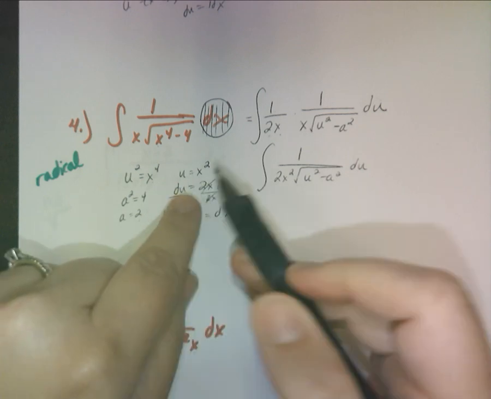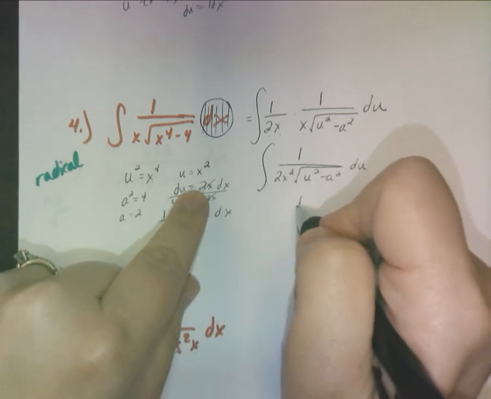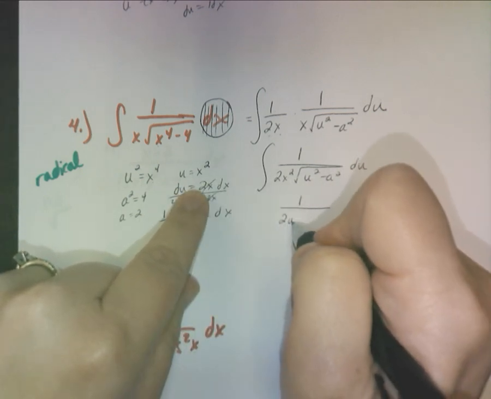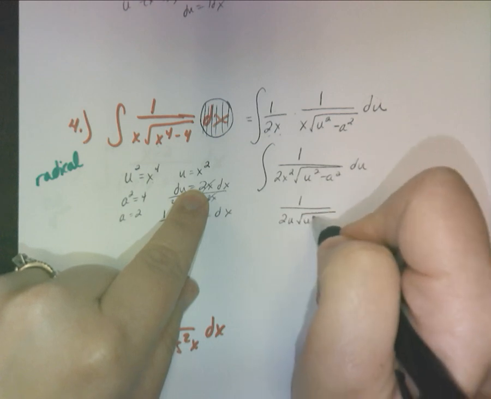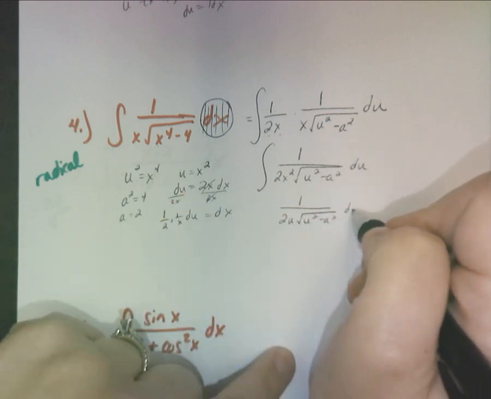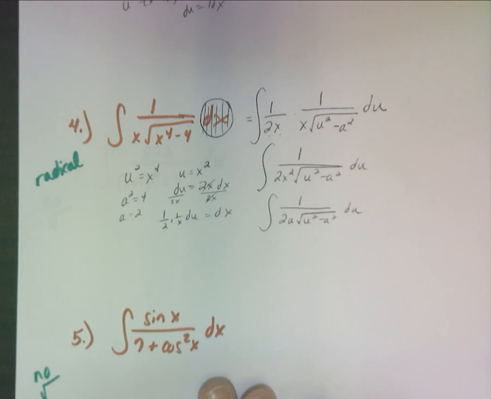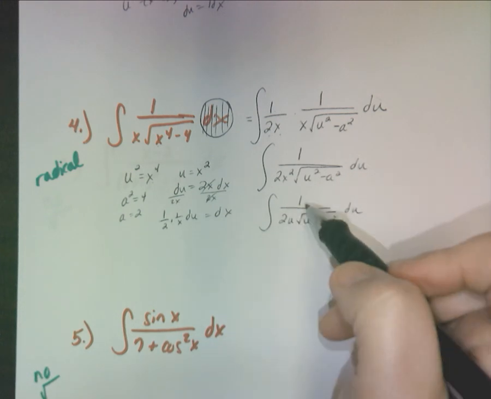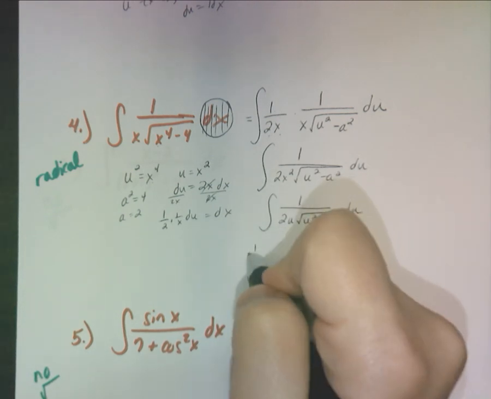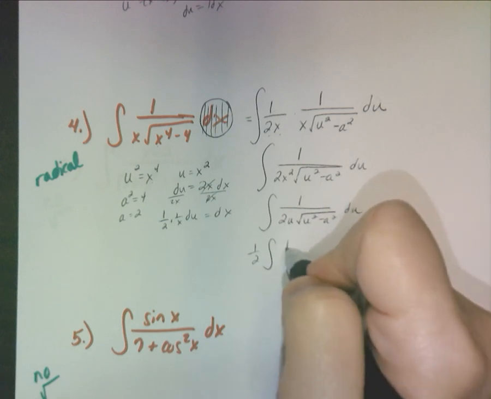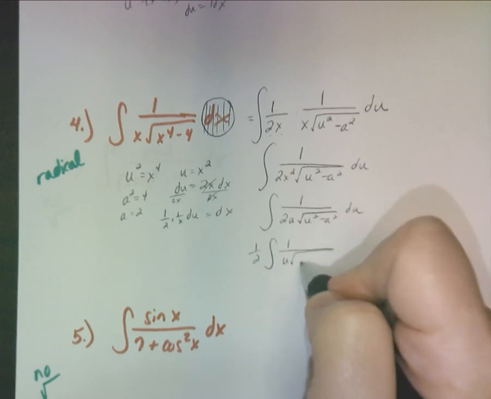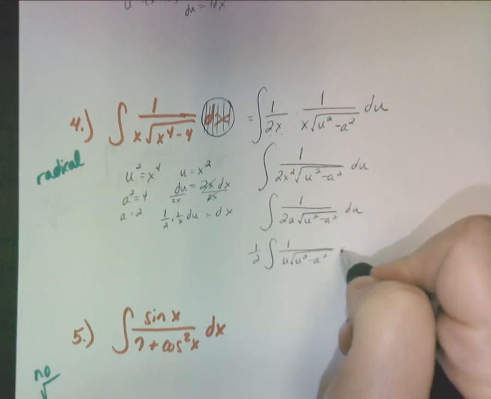So I can now rewrite this as 1 over 2u times the square root of u squared minus a squared du. Okay, and then what can I do with that 1/2? I can just pull it out in front: 1/2 times 1 over u times the square root of u squared minus a squared du.